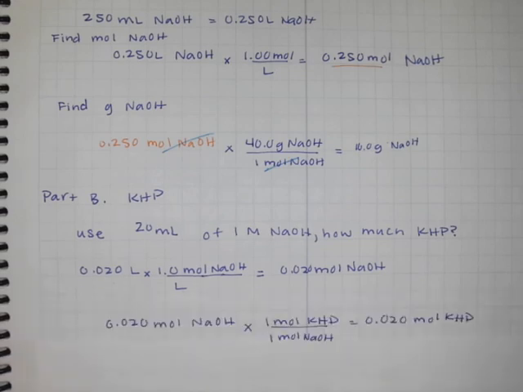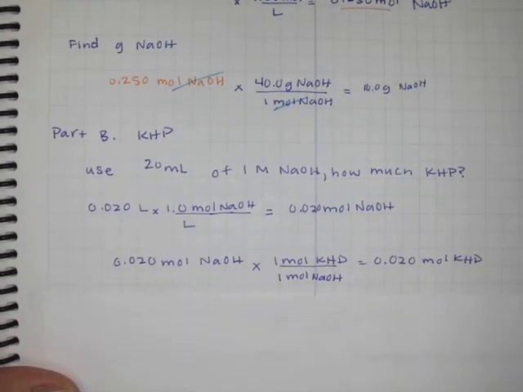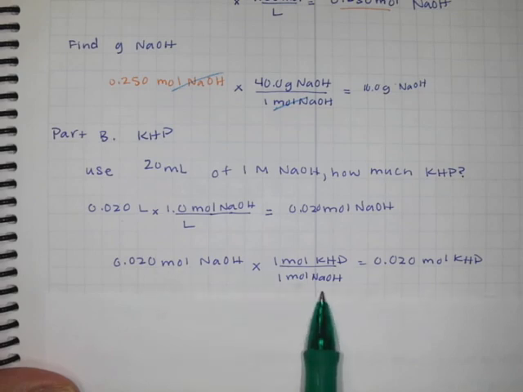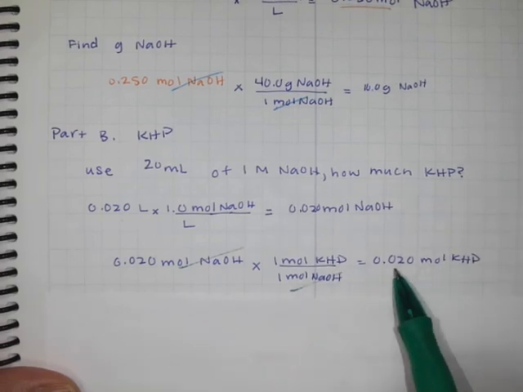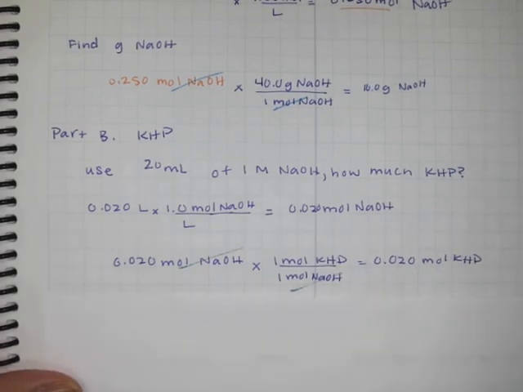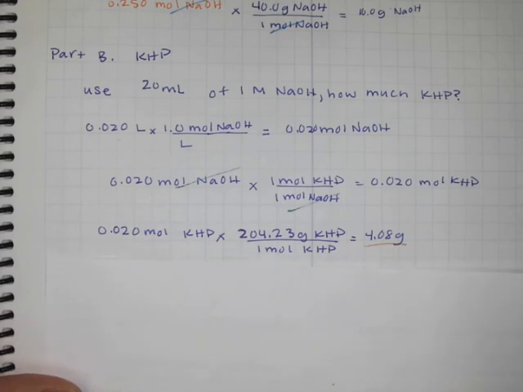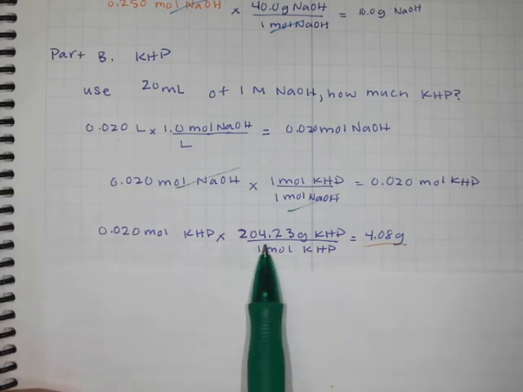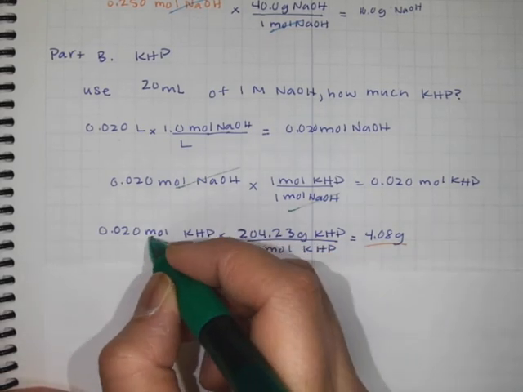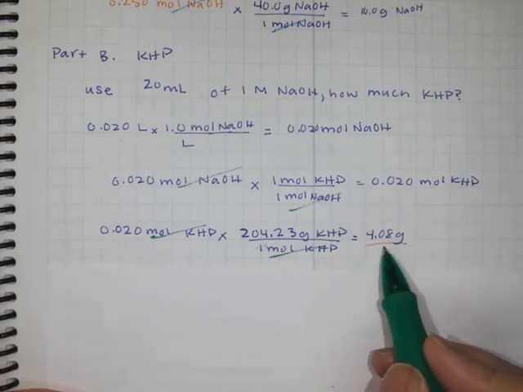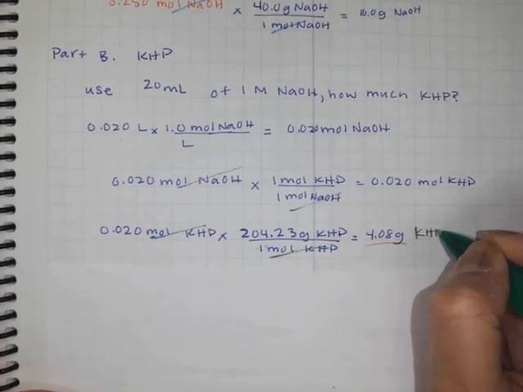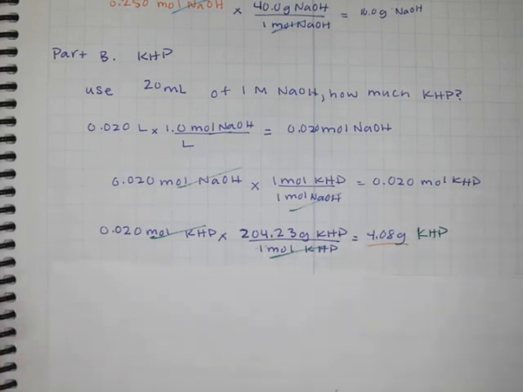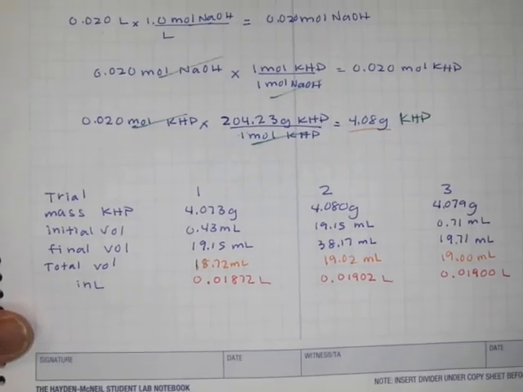It's a 1-to-1 mole ratio, so 0.02 moles of sodium hydroxide times 1 mole of KHP over 1 mole of NaOH, these cancel out, and you end up with 0.020 moles of KHP. To determine the grams, you multiply that times the molecular weight of KHP. Again, the moles of KHP cancel out, and you're left with 4.08 grams of KHP to measure the mass of.